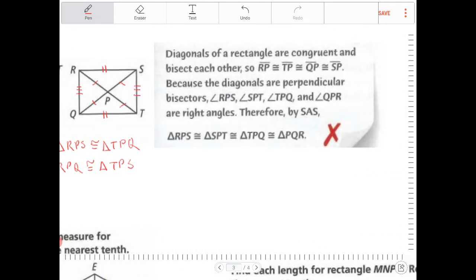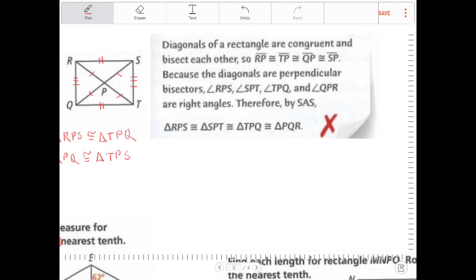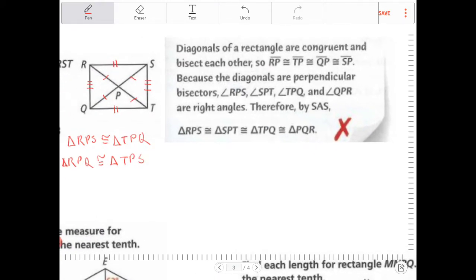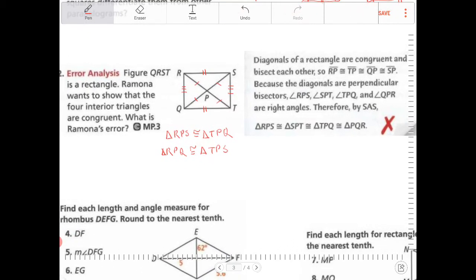Diagonals of a rectangle are congruent and bisect each other. So RP is congruent to TP, is congruent to QP, is congruent to SP. That is true because the diagonals are perpendicular bisectors. Okay, so I went a little ahead of myself there.